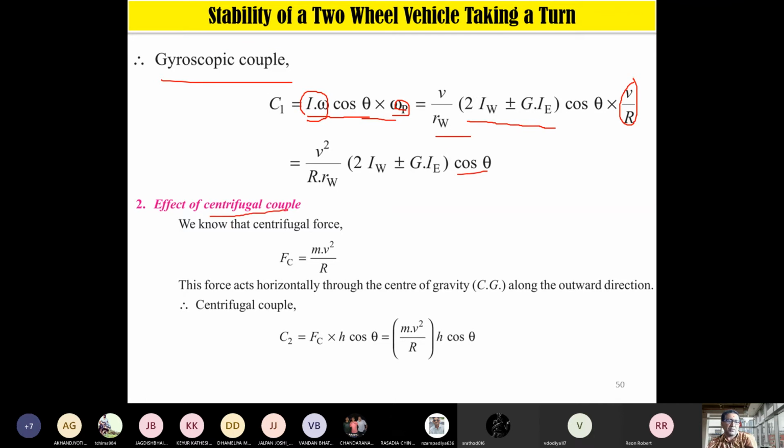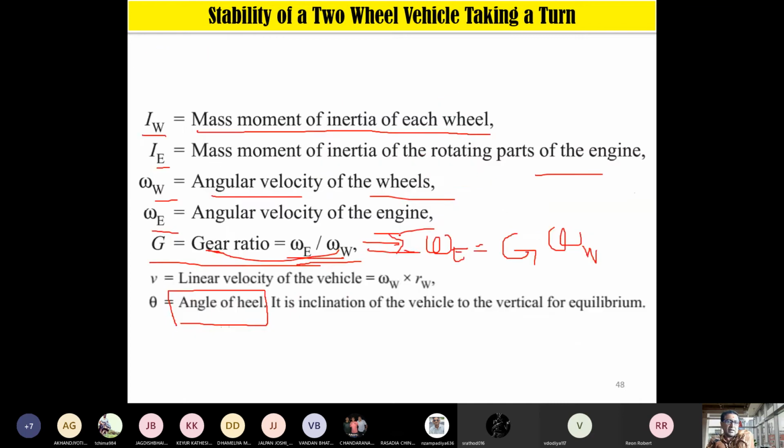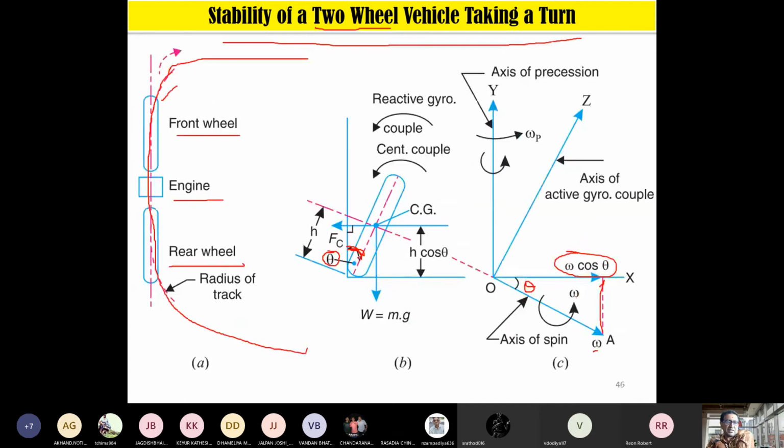Now the effect of the centrifugal force. Again Fc is equal to mv square by r. The force acts horizontally through the center of gravity in the outward direction, and as shown in this figure, this is the centrifugal force. But what we have is h, and what we need is this. Because this Fc is always horizontal and outward, we need to take the component again.